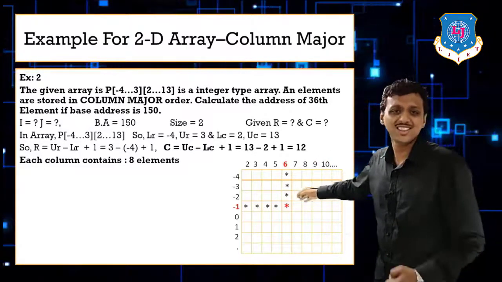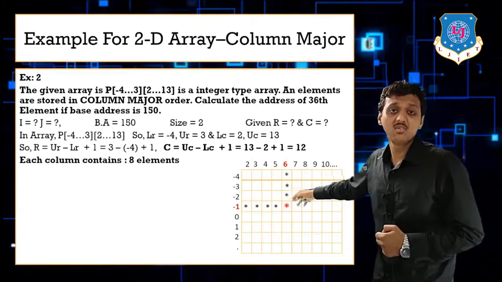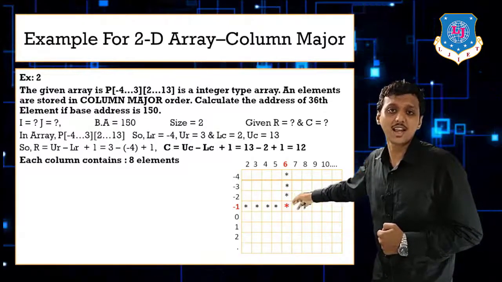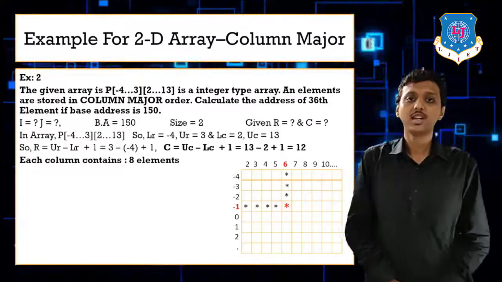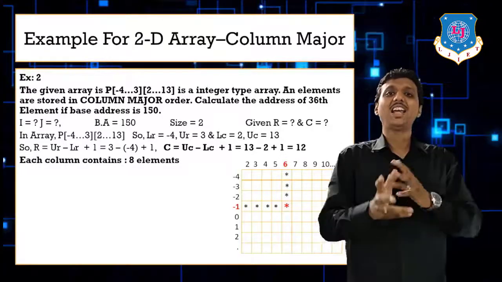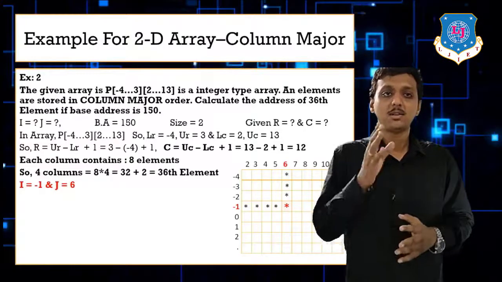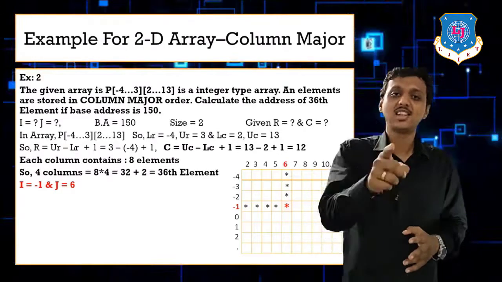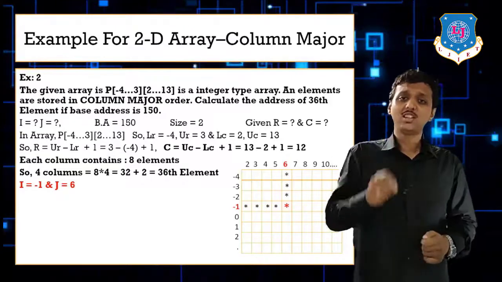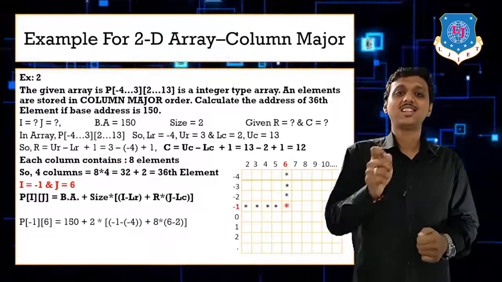This is exactly the place of our 36th element. Now get the I and J for it. I becomes -1 and J becomes 6. With this you can find the 36th element.